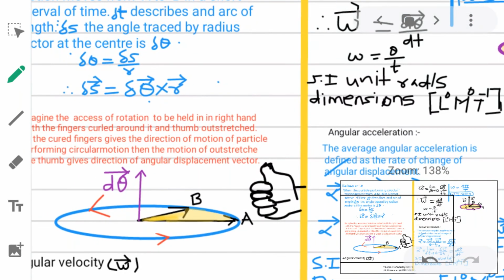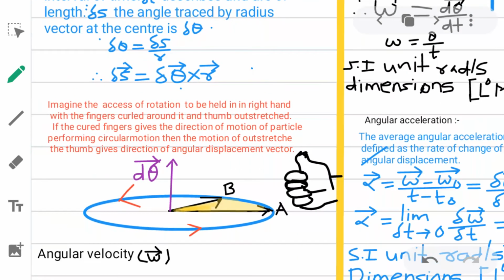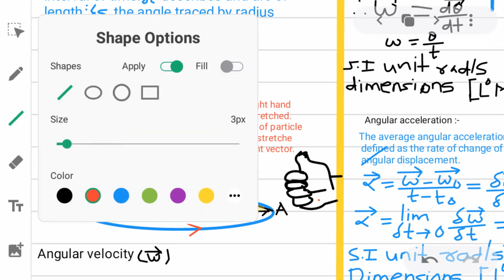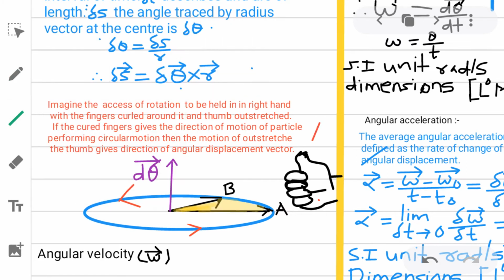Now the right hand thumb rule. Imagine the axis of rotation held in the right hand in such a way, as shown in the diagram, with the fingers curved around it and the thumb outstretched.